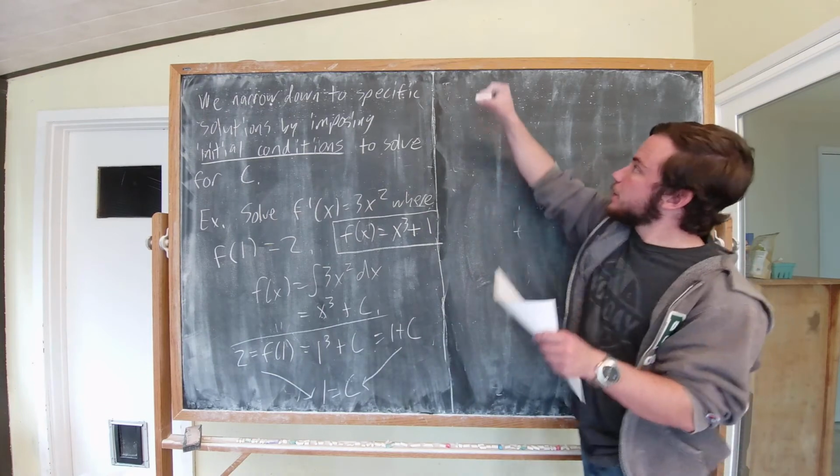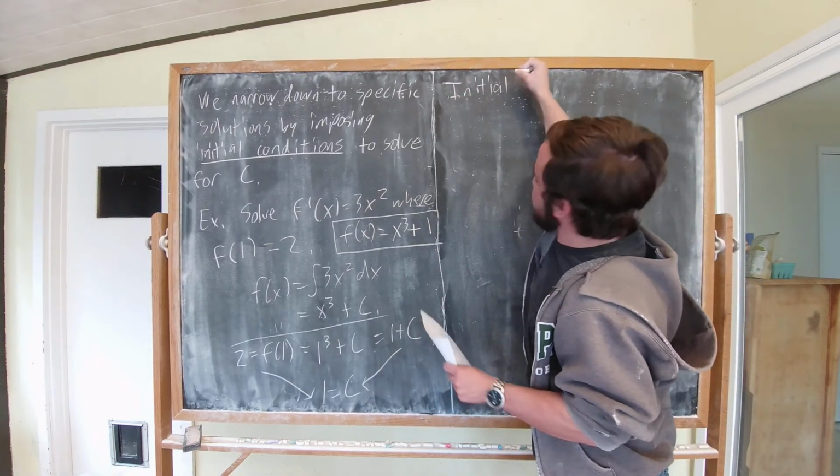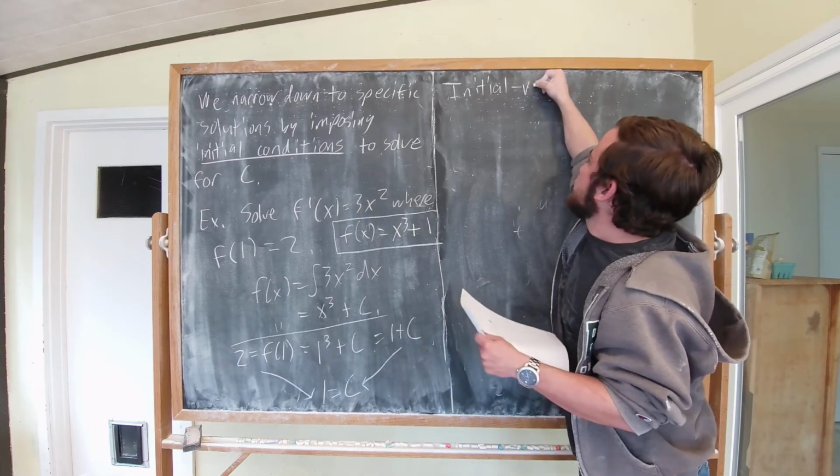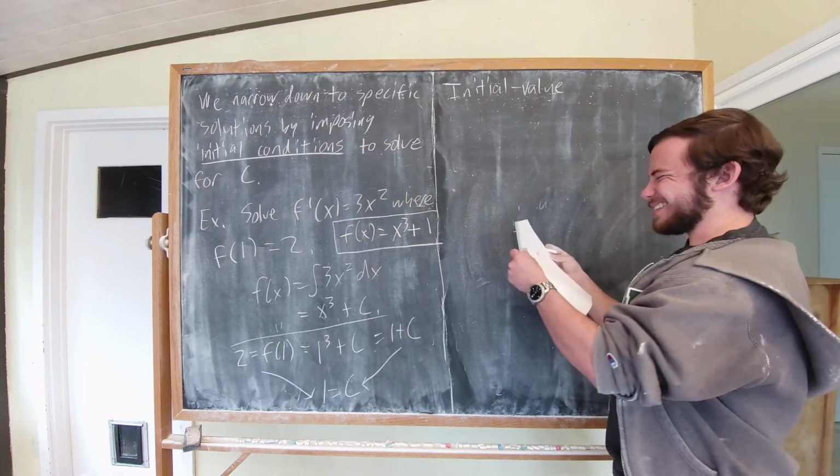So, what do we call that style problem? We call it an initial value problem, or a boundary value problem if you have the initial conditions at different places.